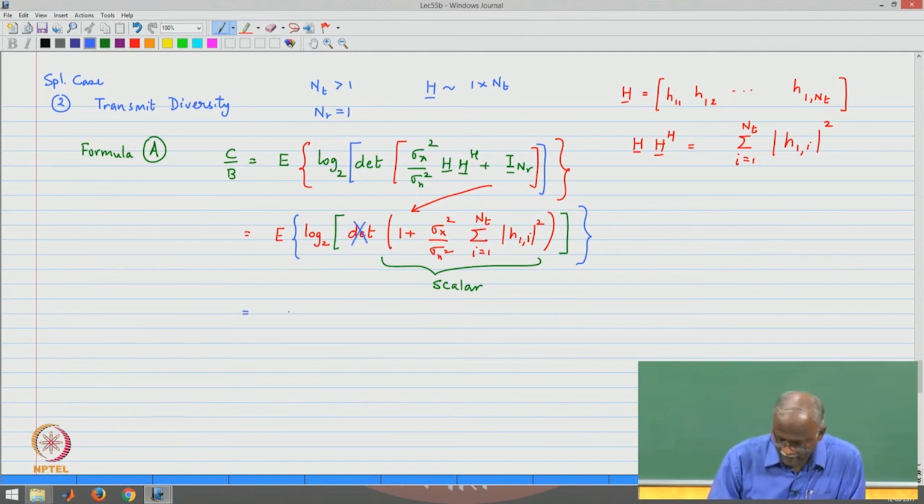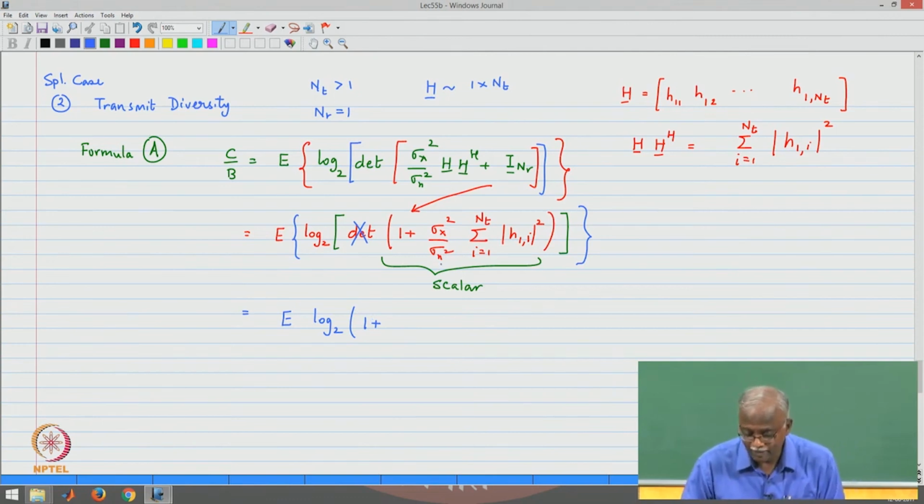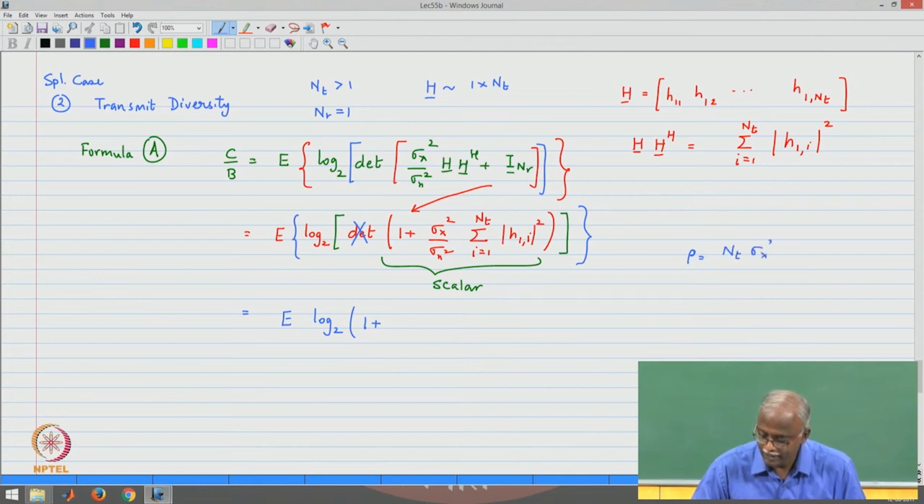So, this can be written in the following form. This is expected value of logarithm base 2 of 1 plus. Notice that if I want to write sigma x squared by sigma n squared in the form of rho, then we know that rho is equal to NT times sigma x squared by sigma n squared.